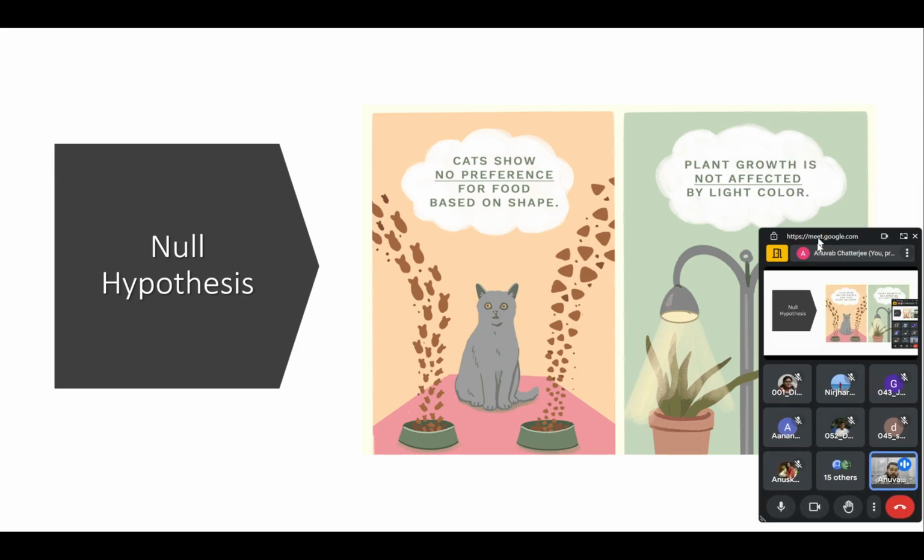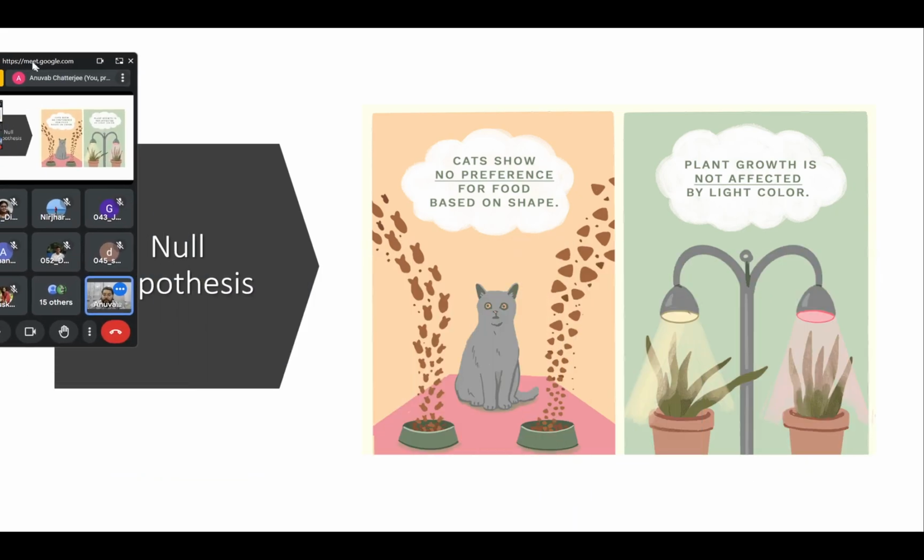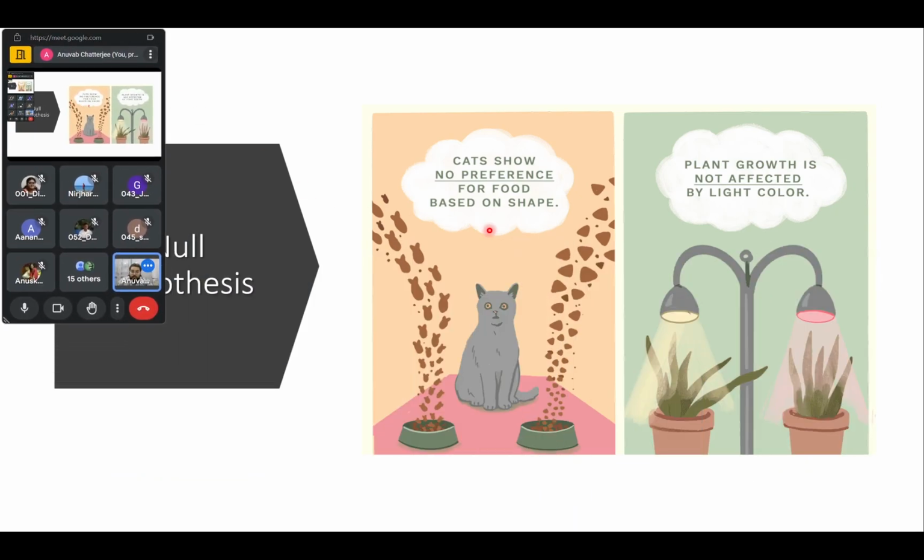Examples of how to design experiments such as this: one could be cats show no preference for food based on shape. If you have cat food shaped like fishes as opposed to any other generic shape, do cats actually prefer the one that looks like fishes, or does it not matter at all? If you want to test that, the null hypothesis would be that cats show no preference for food based on shape.